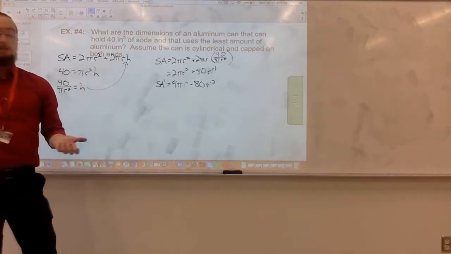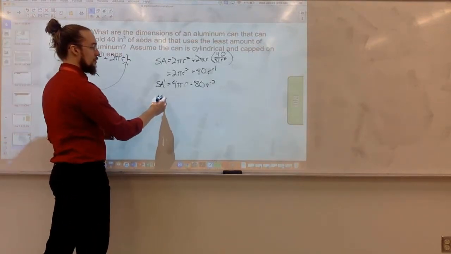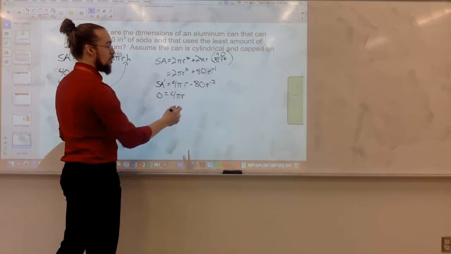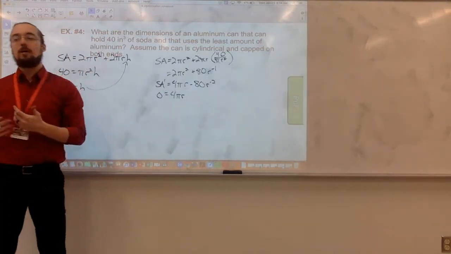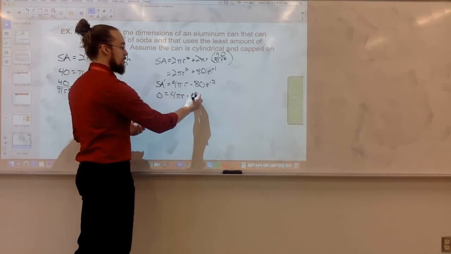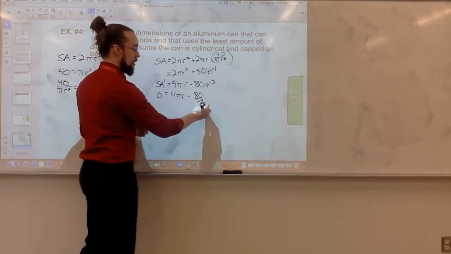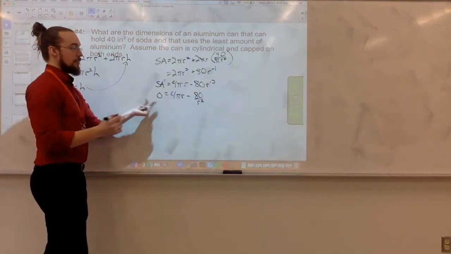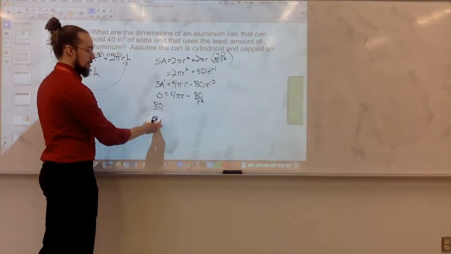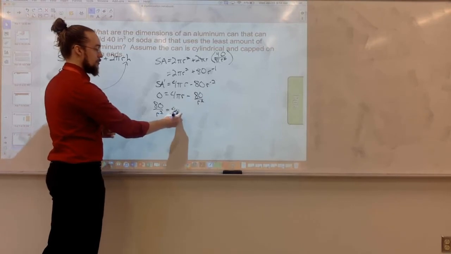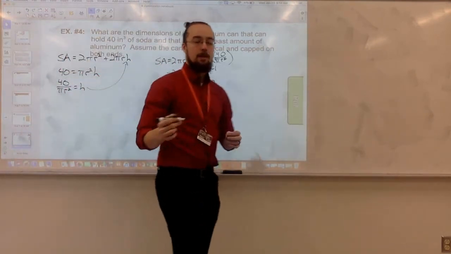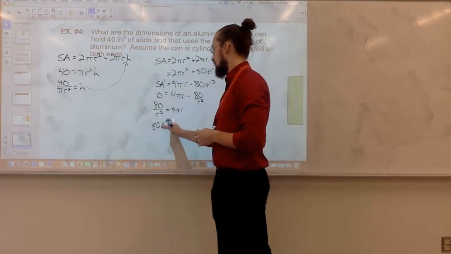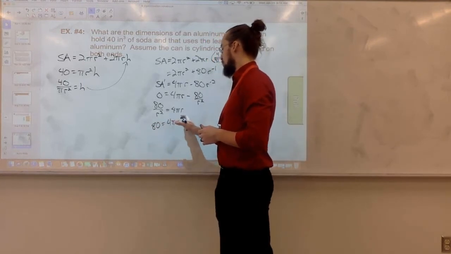So now, set this equal to 0 and solve. Again, when we're solving, I think it's easier to think about this as minus 80 over r squared. Now I can take this over to the other side. Say 80 over r squared equals 4 pi r. Cross multiply. Get 80 equals 4 pi r cubed.